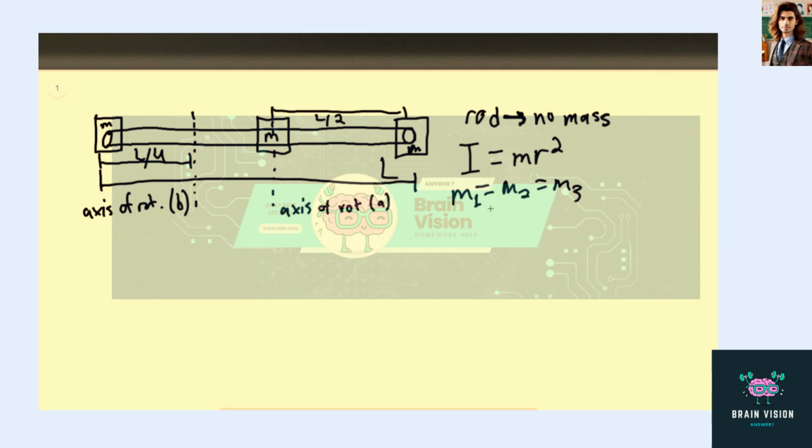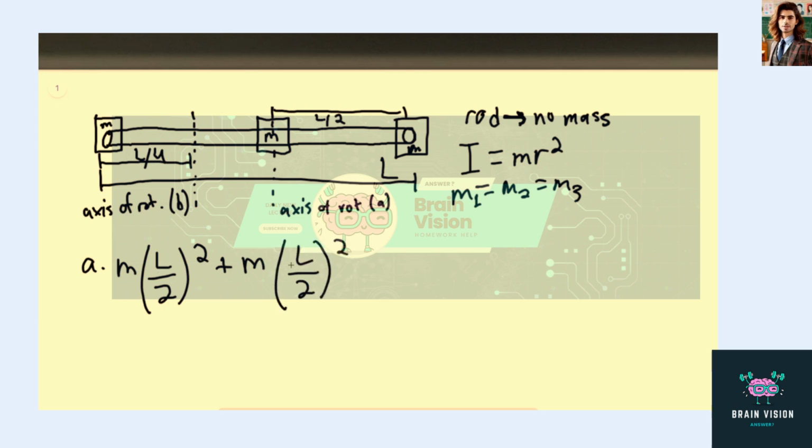For part A, when the axis of rotation is directly in the middle, we can say m, and then r would be L over 2 squared, plus m L over 2 squared. So these account for these two masses here. Because the middle mass lies on the axis of rotation, you can account for it, but it's going to go away because it would be 0.